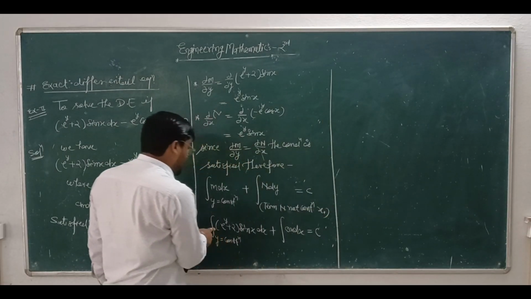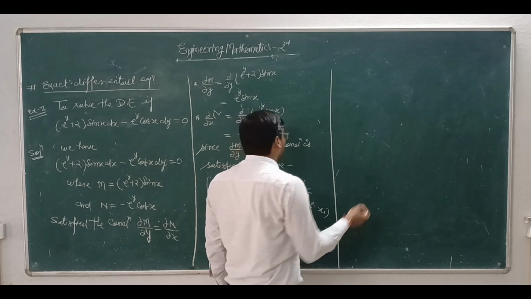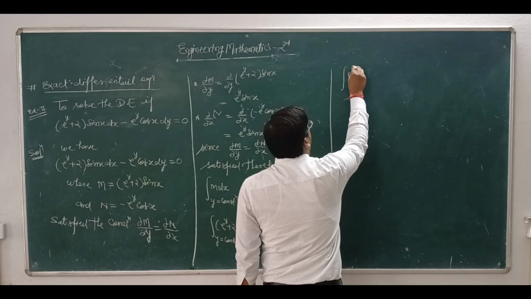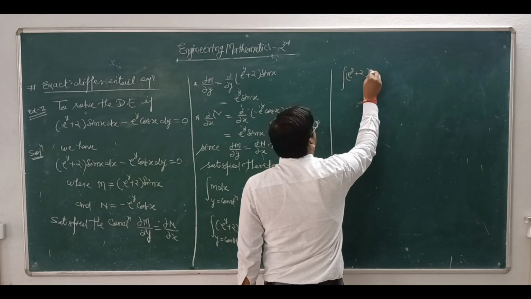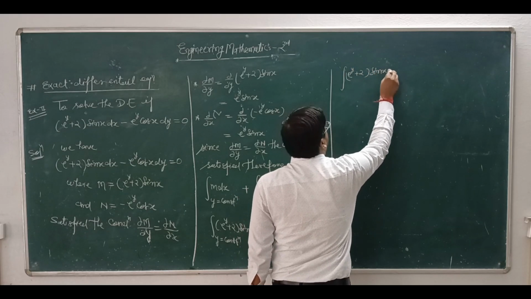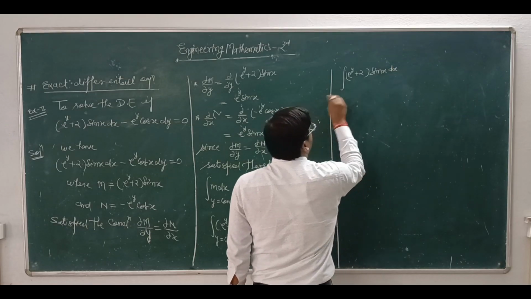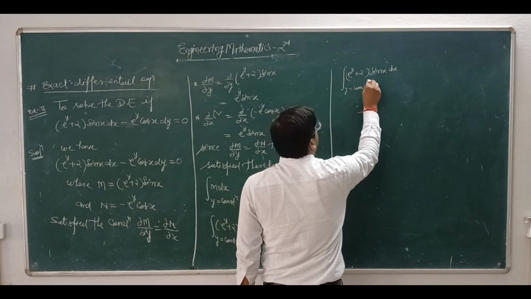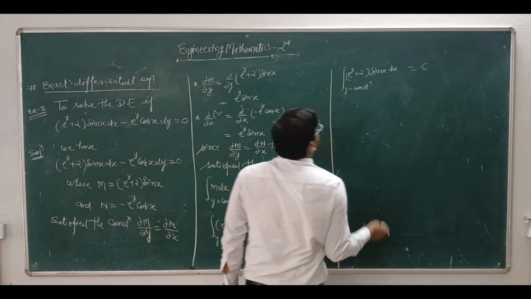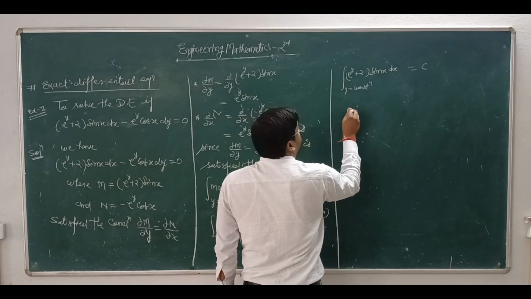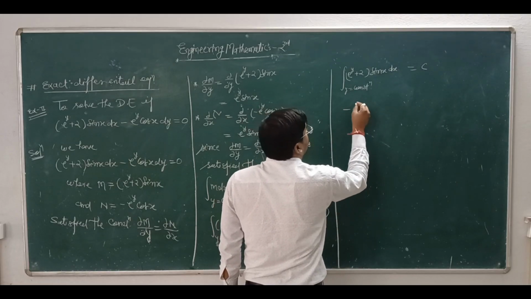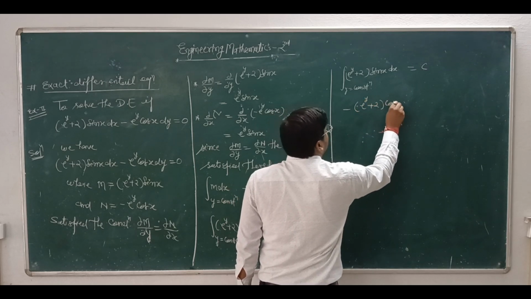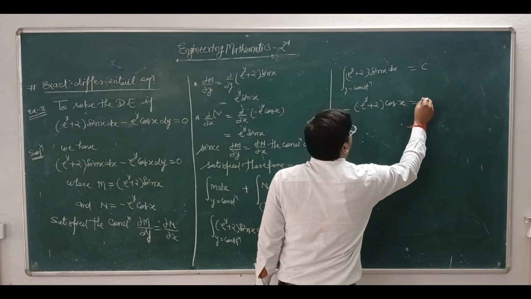First, the integration of (e^y + 2) sin x dx, y is equal to constant, is equal to c. Now you can integrate: −(e^y + 2) cos x is equal to c.